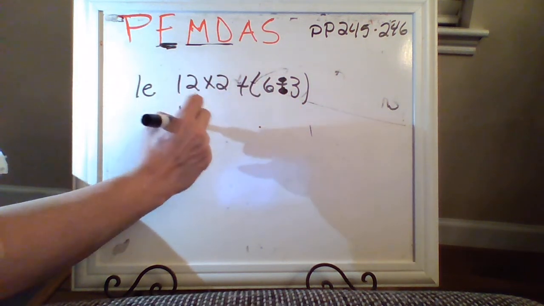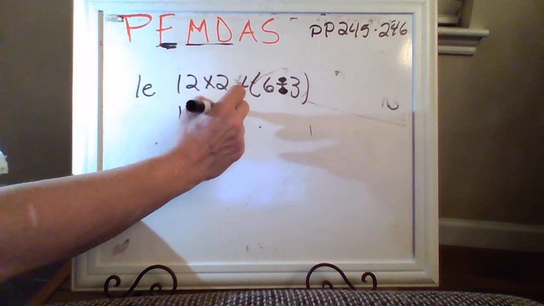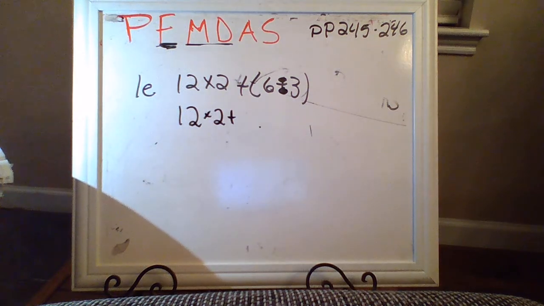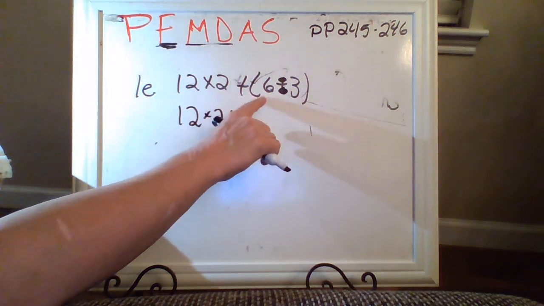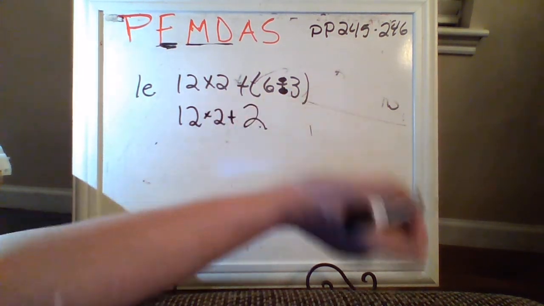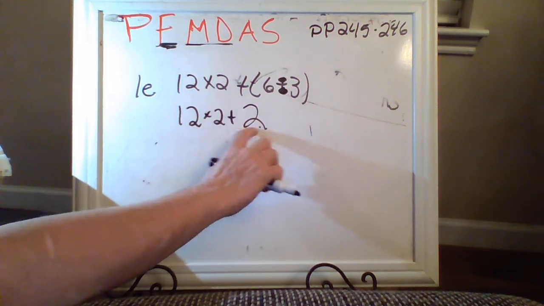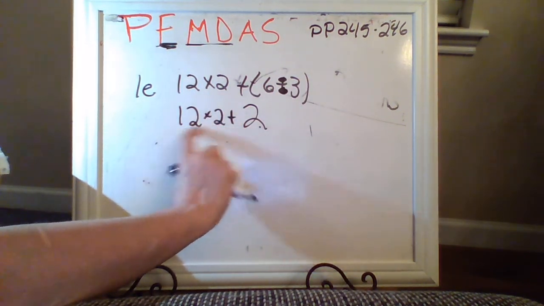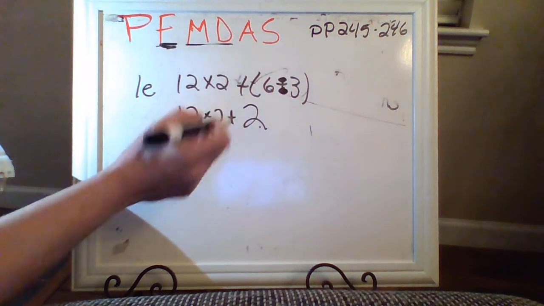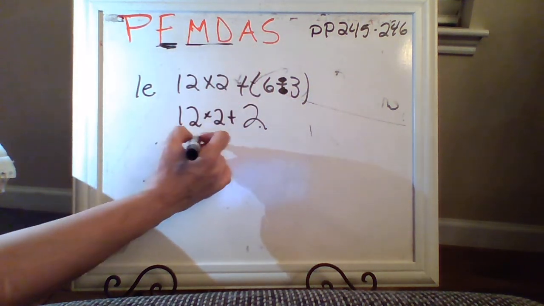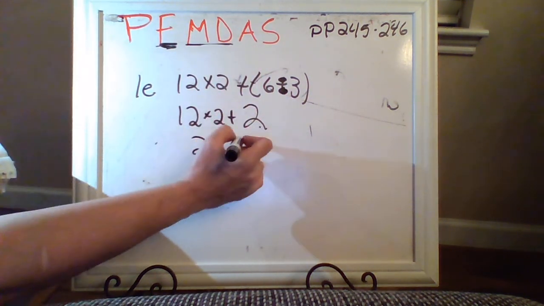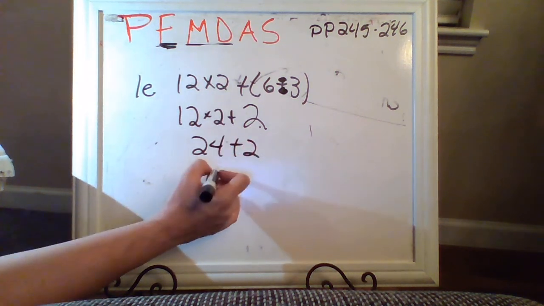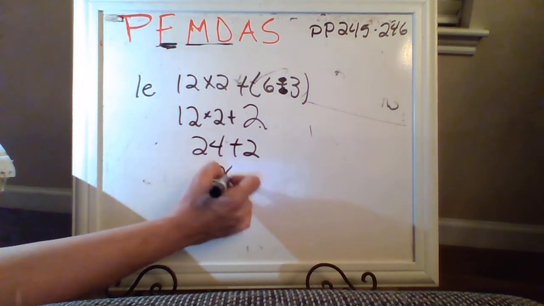So this 12 times 2 plus just comes down just the way it is. Then I work out 6 divided by 3 is 2. Now I can't add yet. I have to do the multiplying first according to my chart. So 12 times 2 is 24 plus 2. So the answer is 26.